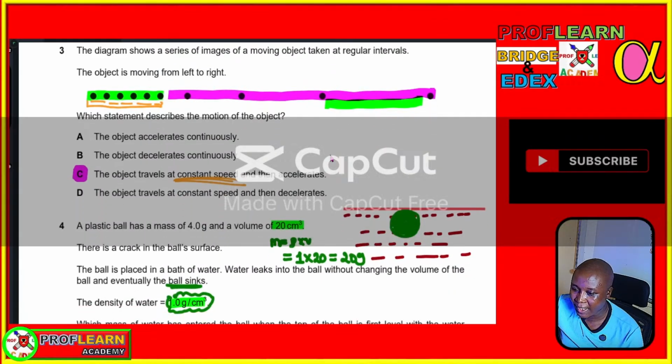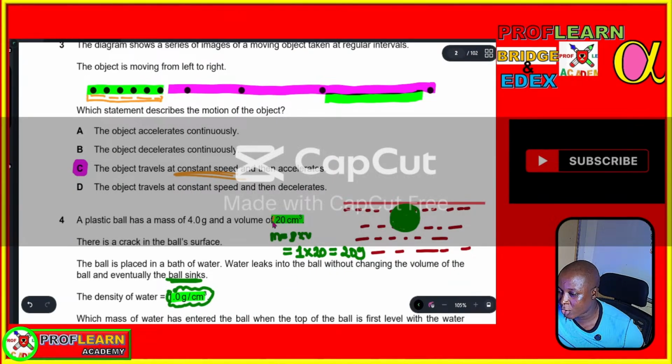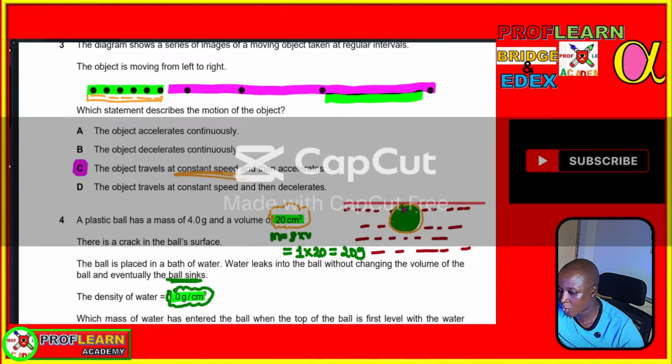A plastic ball has a mass of 4.0 grams and a volume of 20 centimeter cubed. There is a crack in the ball surface and the ball is placed in a bath of water. Water leaks into the ball, so this water is going to occupy a volume of 20 centimeter cubed.